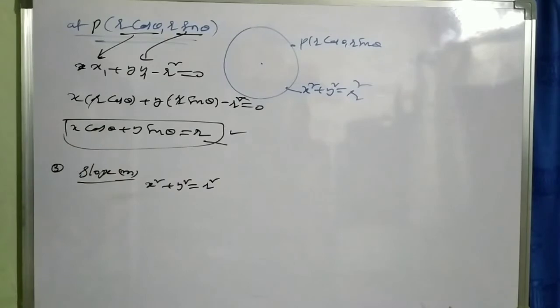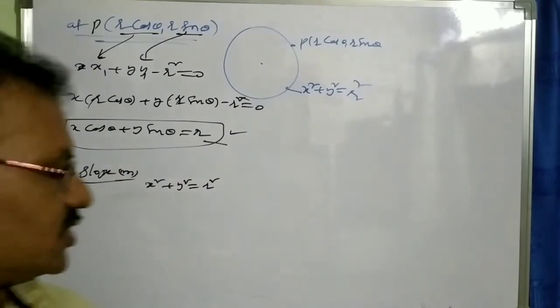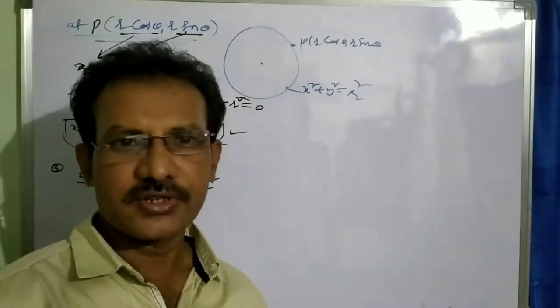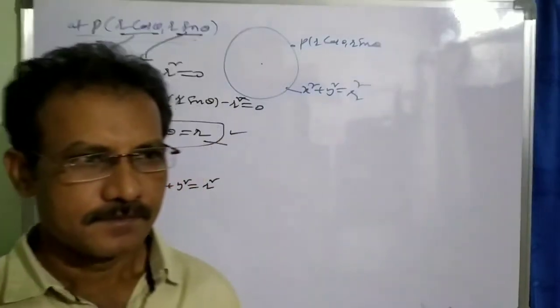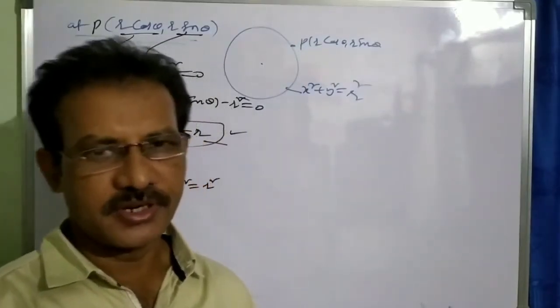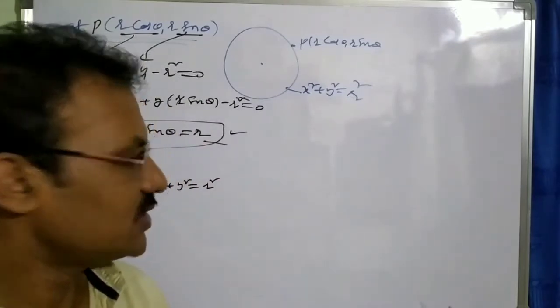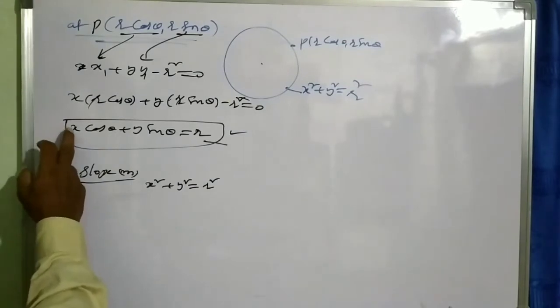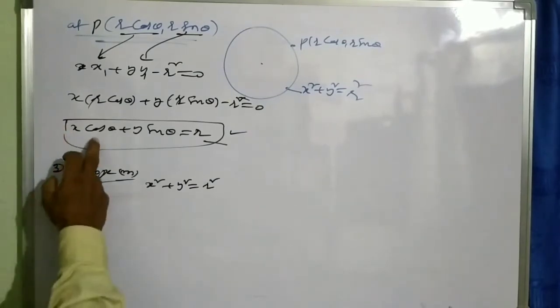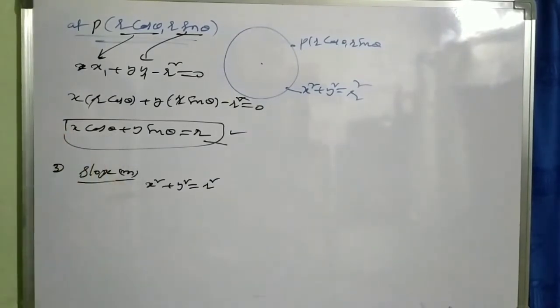We can find the equation of the tangent in two different ways: one is by using a geometrical condition, and the other one is by getting the equation from the parametric equation.